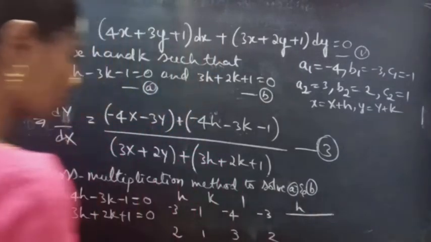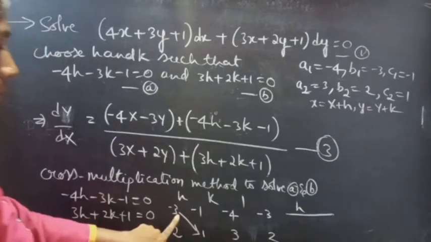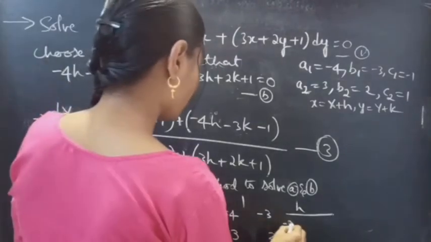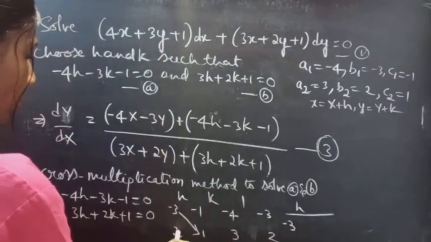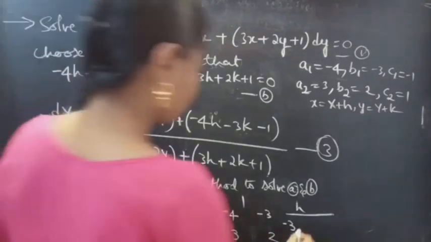h by minus 3 into 1, minus 3, 2 into minus of minus 1.